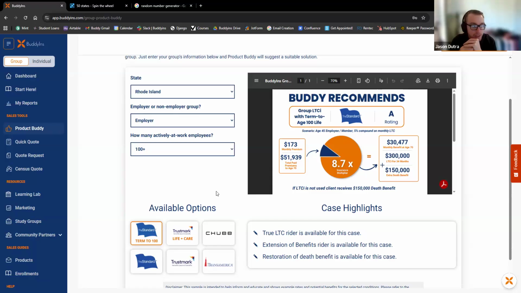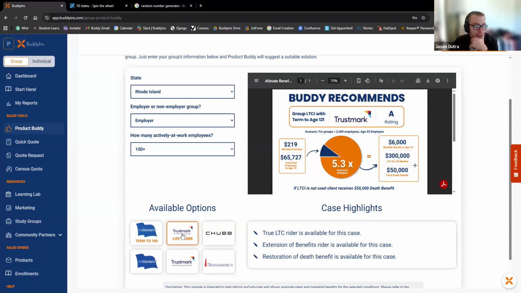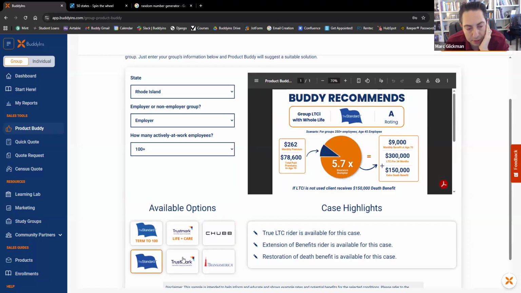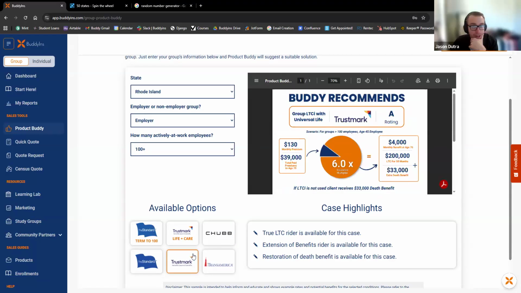We see Transamerica at the bottom this time. So again, I come through and scan my case highlights for each and every carrier. Rhode Island's actually pretty good, pretty clean. Rhode Island, stand up. You've got some good group long-term care coverage. I'm seeing full benefit availability for every carrier, every product in Rhode Island.